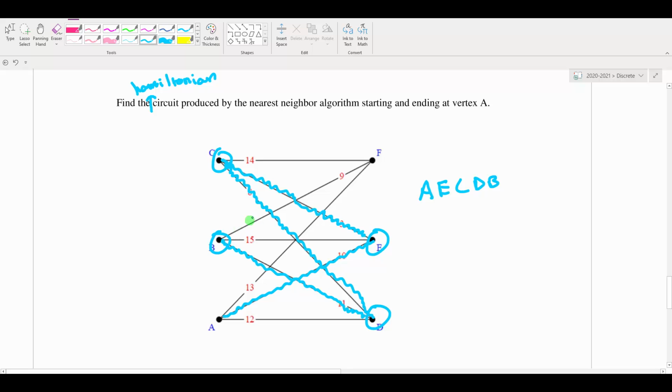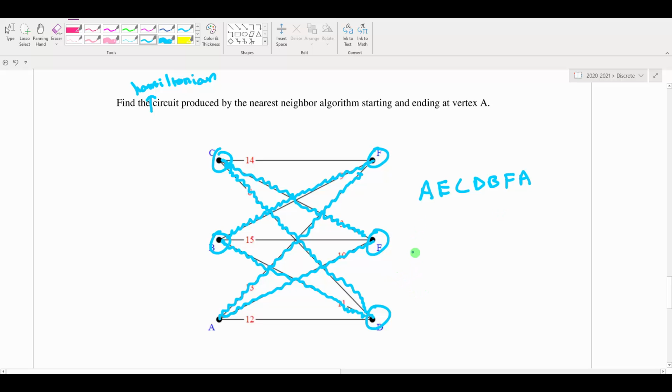I have 15 and 9. 9 is the shorter one, but 15 also leads back to a vertex I've already visited. So I'm going to go back to F, add that to my circuit. F has now been visited. So everything's been visited, so I've got to return home back to A. And that completes my Hamiltonian circuit.